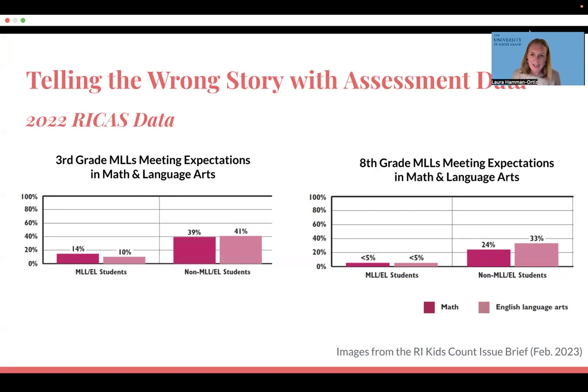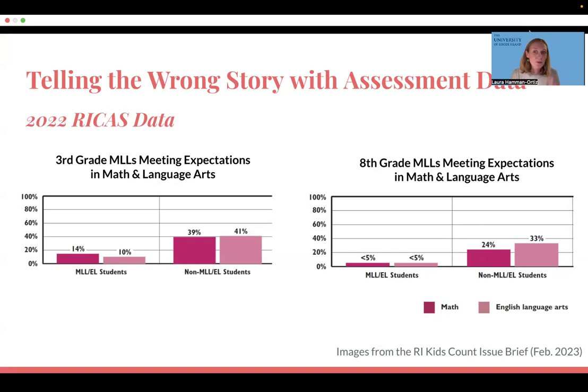And every time I see data like this, I get frustrated because it's important, as we talked about earlier this week, to think about what it is we really want to know, and what the data is able to tell us about what we really want to know. And in this case, we're looking at MLLs in third grade and MLLs in eighth grade who are meeting expectations in math and language arts.